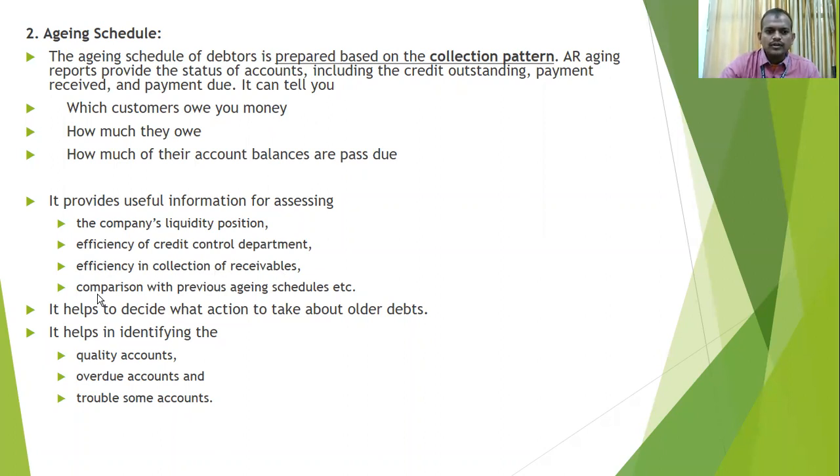It is also helpful in comparison with previous aging schedules. And it also helps to decide what action to take about older debts. It helps in identifying the quality accounts and identifying the overdue accounts and troublesome accounts.